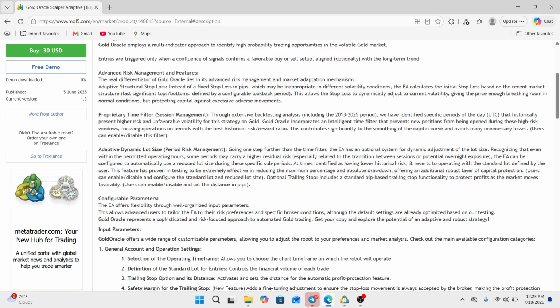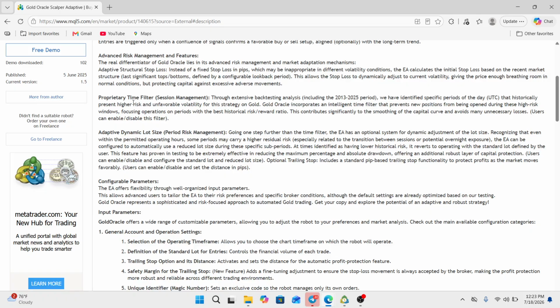All right, so we have the adaptive structural stop loss instead of a fixed stop loss in pips, which may be inappropriate in different volatility conditions. The EA calculates the initial stop loss based on the recent market structure. Right, so it claims that this allows the stop loss to dynamically adjust to the current volatility, giving the price enough breathing room in normal conditions, but protecting capital against excessive adverse moves.